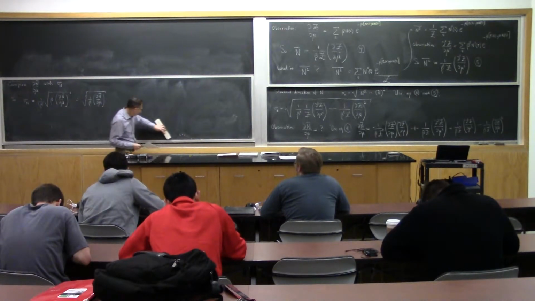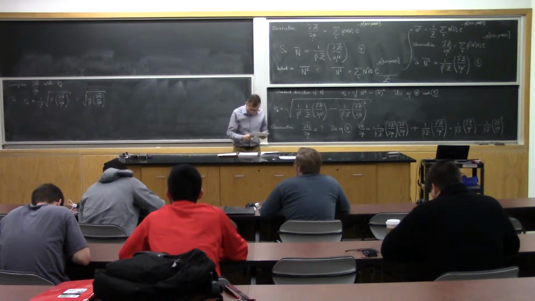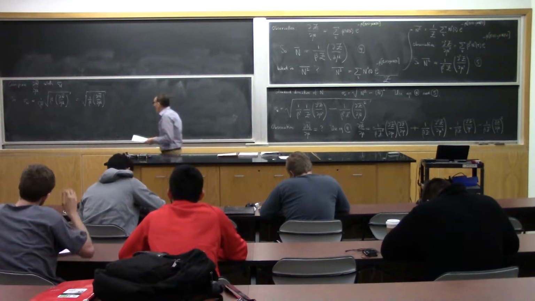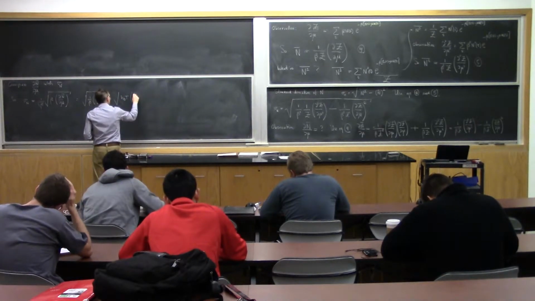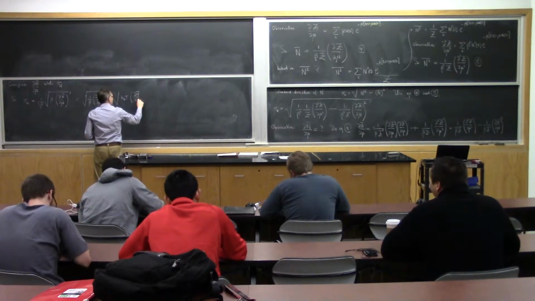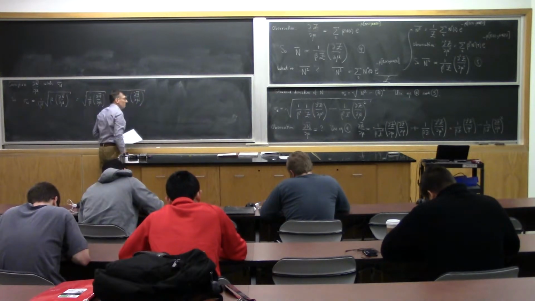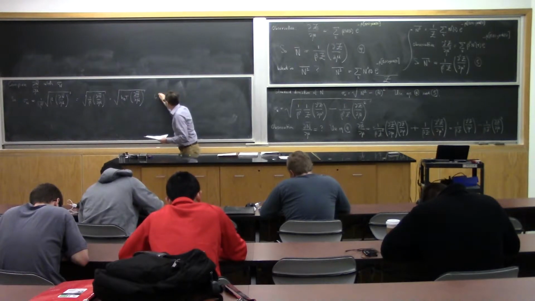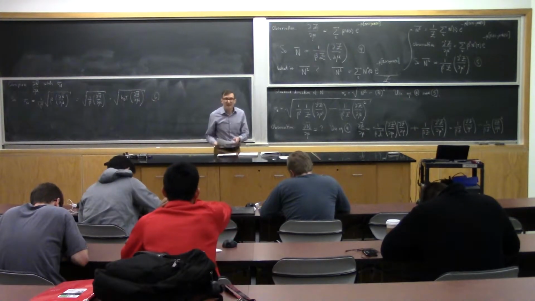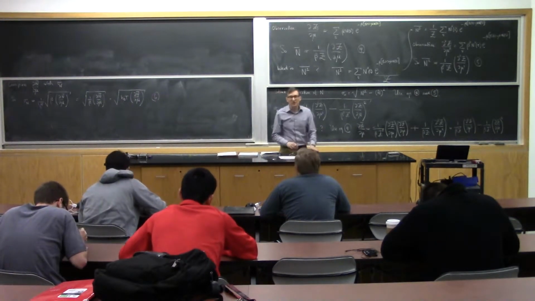And of course 1 over beta is kBT, so sometimes you'll see it written like this: square root of kBT times the partial of n bar with respect to mu. That's equation 6, because that's a pretty compact way to calculate the standard deviation in the particle number.